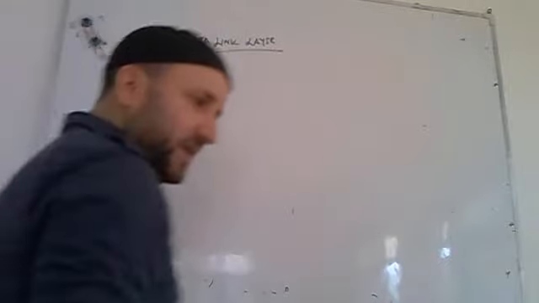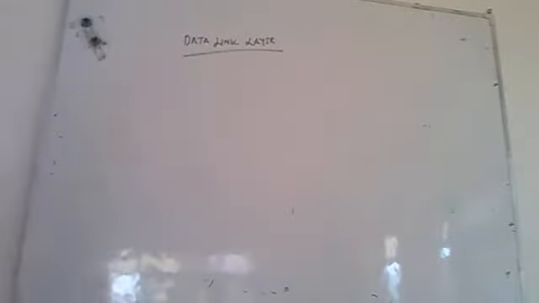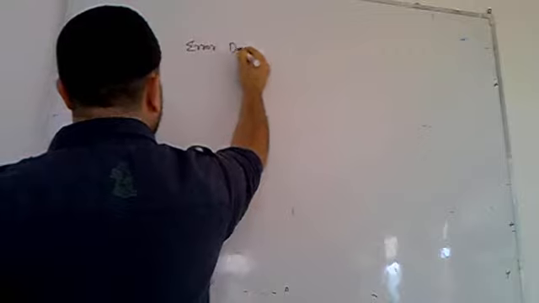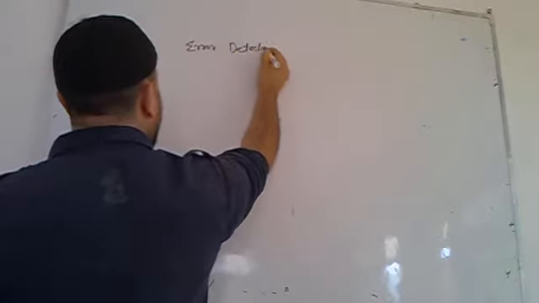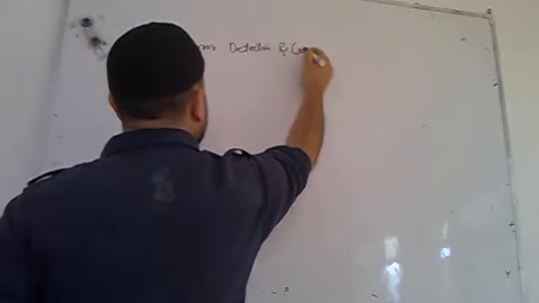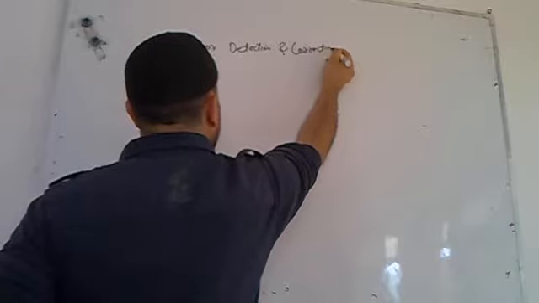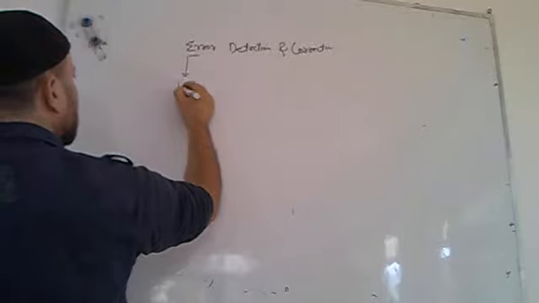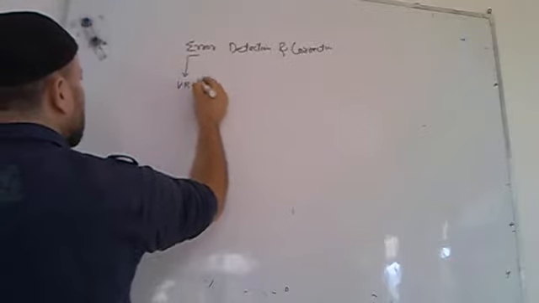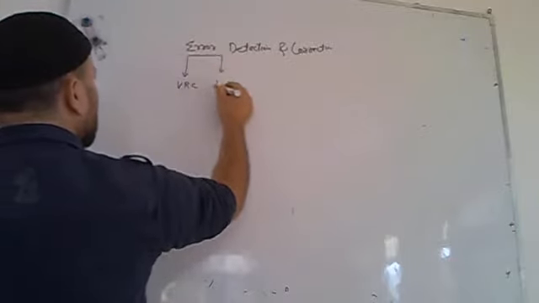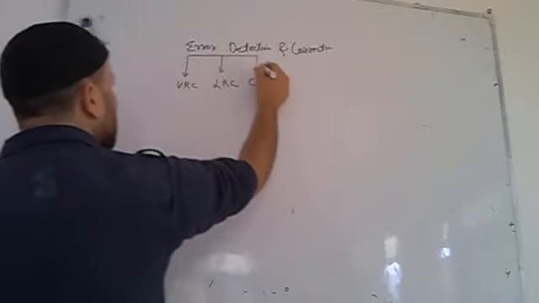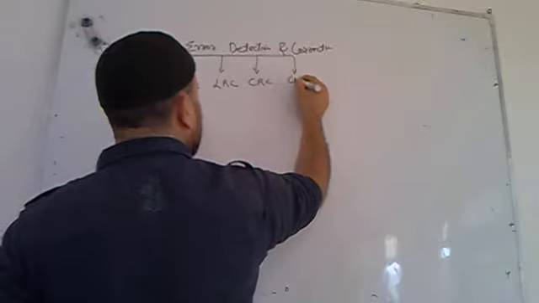So I will better say error detection and correction. Let's say error detection and correction, we have in it VRC, LRC, CRC, and checksum.